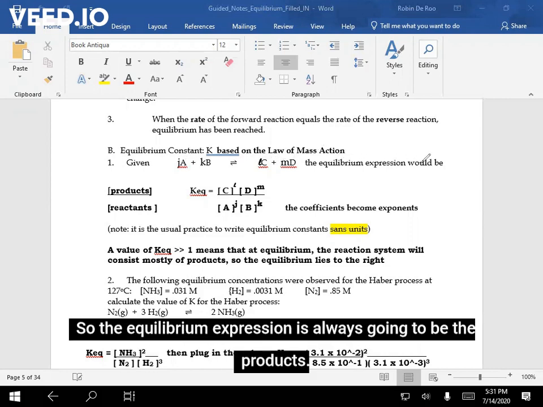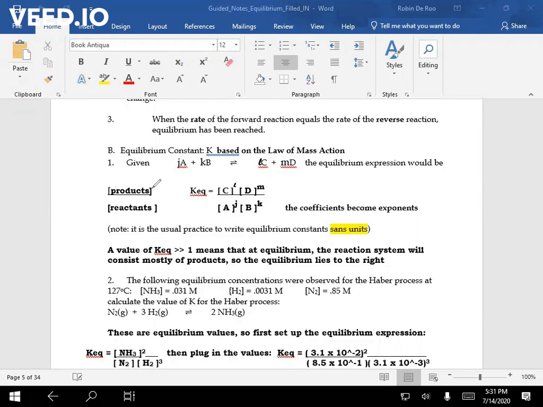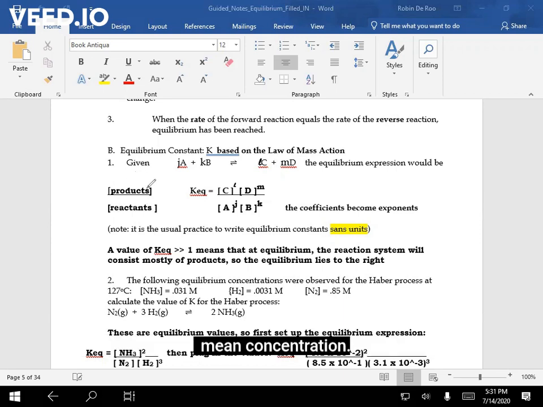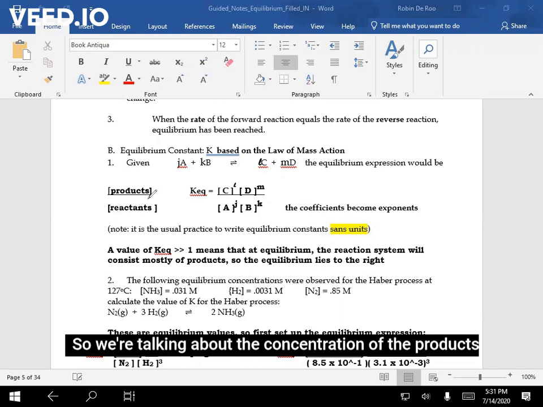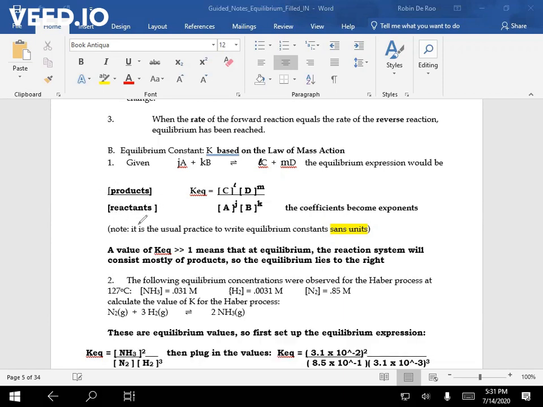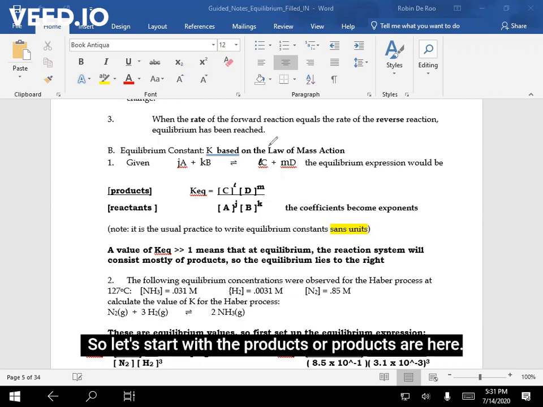So the equilibrium expression is always going to be the products on top and the reactants on the bottom. These brackets mean concentration. So we're talking about the concentration of the products over the concentration of the reactants. So let's start with the products.